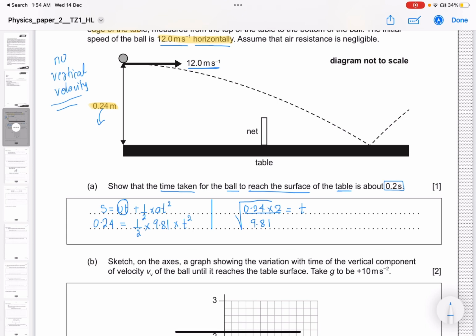After punching this into the calculator, the answer we get is t equals 0.221 seconds, which is approximately 0.2 seconds. That's it for the 1 mark.